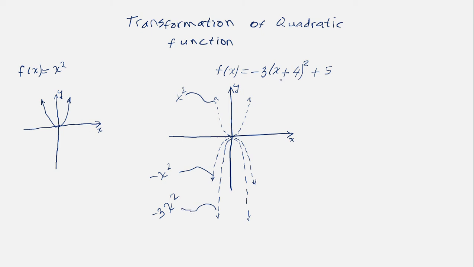Now if we continue, we can see that this x right here has a 4 added to it. If it has a number added to x that's under the square, see this whole expression here is under the square, then this number is going to affect x.